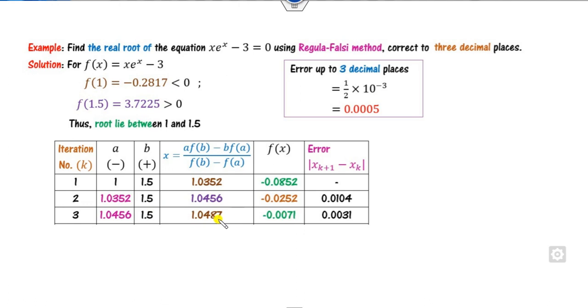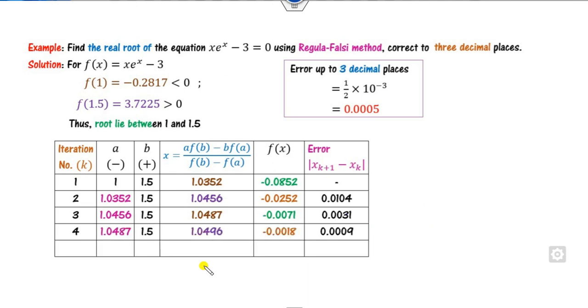We can compute here. Now again you can see the difference between these two consecutive terms. Again this is not less than this number. We can compute this fourth number. Again this is a negative number, so we can replace this value with the help of here. Then we can compute here. Again you can see this number is not less than 0.0005. We can compute the fifth iteration.